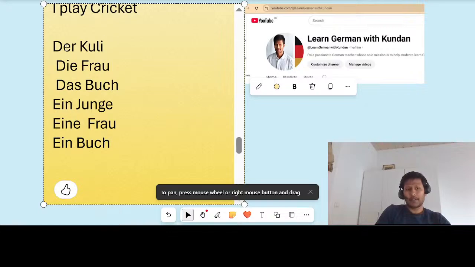Let me slowly show you these things. This is der Kuli, the pen. This is also die Frau, woman. This is also das Buch, the book. The book, the woman, and the pen. So we have three things: der, die, das. But this Kuli is not neutral.